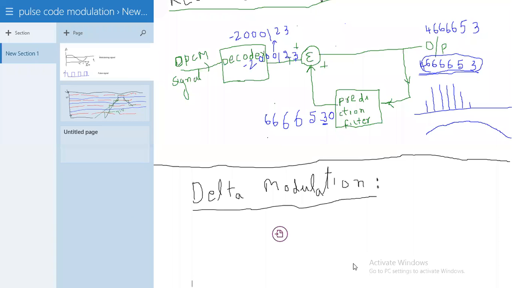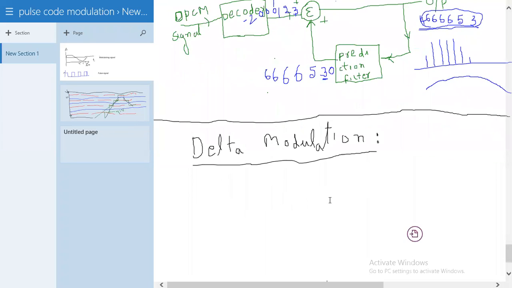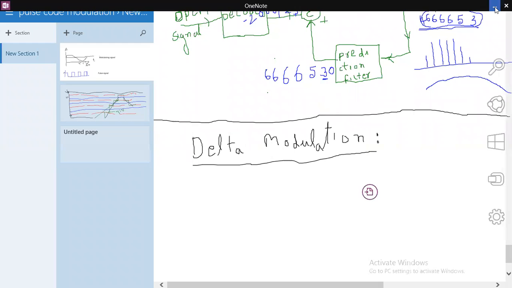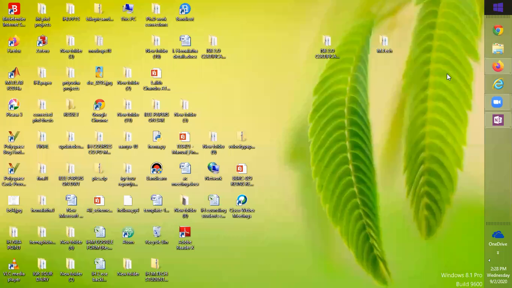Delta modulation లో key factor ఏంటమ్మా? చెప్పాలి నాకు. ఏం చెప్పాను? హలో, వింటున్నారా?